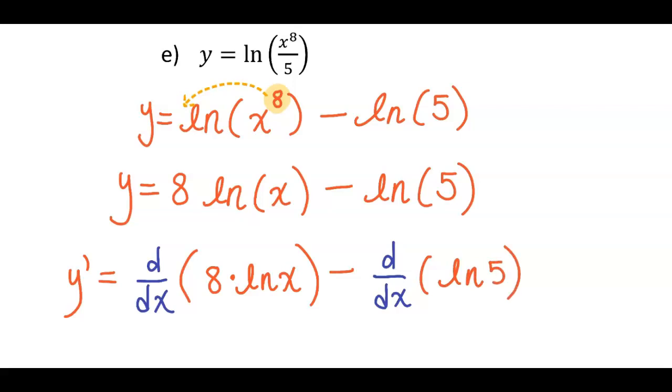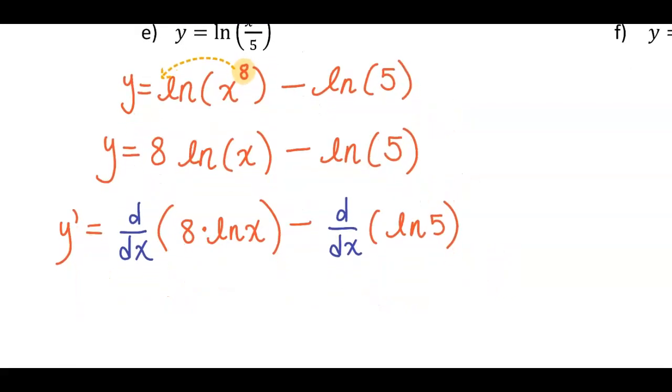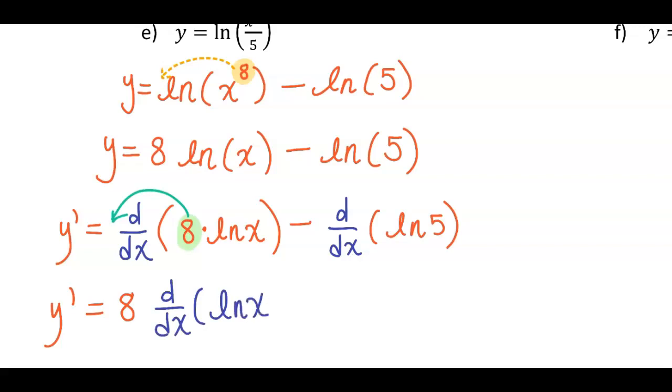All right, let's simplify this. Just like example 1, you see that 8 can be pulled to the front, right? So I will have y prime is equal to 8 times d dx, derivative of natural log of x. You okay with that, right? And then I'm going to do minus.